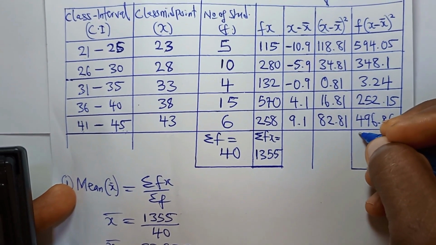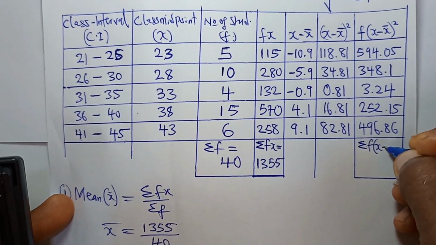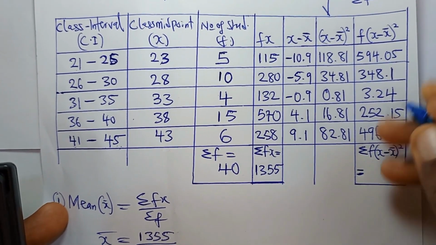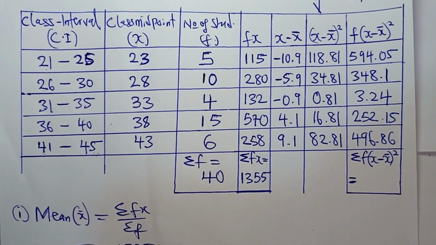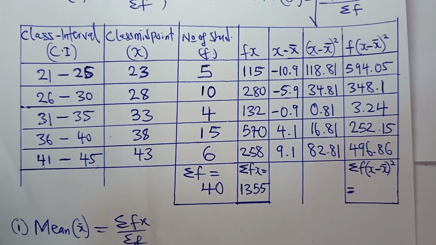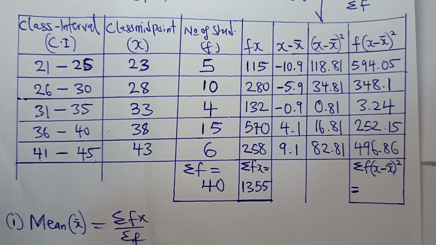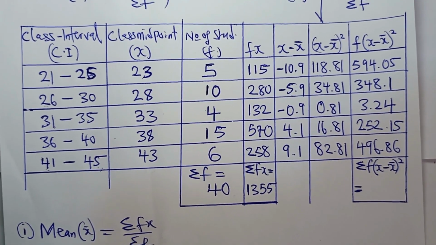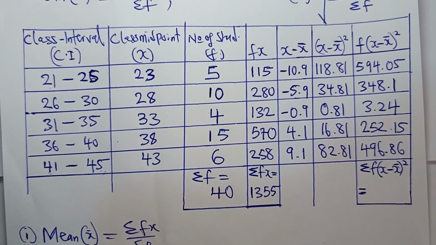If you total this, you call it summation of f times x minus mean squared. Let's go ahead and add them together. So I have 594.05 plus 348.1 plus 3.24 plus 252.15 and plus 496.86.